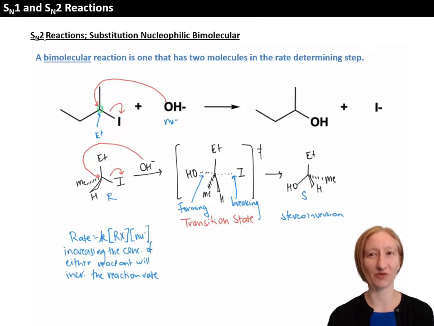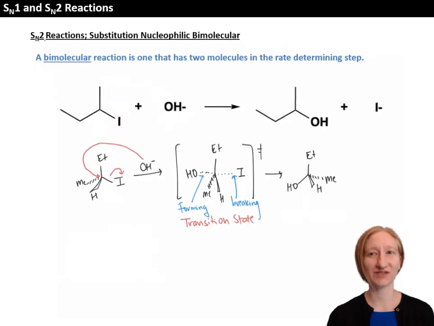In this example, the configuration of the alkyl iodide was R, and the configuration of the resulting alcohol is S. The absolute configuration won't always change, the R or the S, because that assignment depends on the priority rankings of the groups. But the nucleophile will always be bonded to the side opposite the leaving group, inverting the stereochemistry at that electrophilic carbon.